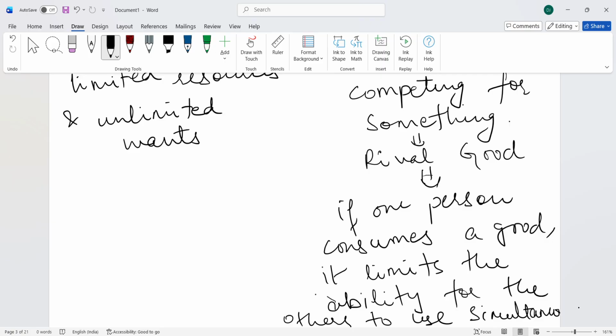That's what a rival good is. So if I'm consuming an apple, that limits the ability of the other person to consume it. That's a rival good. And scarcity is your limited resources and your unlimited wants.